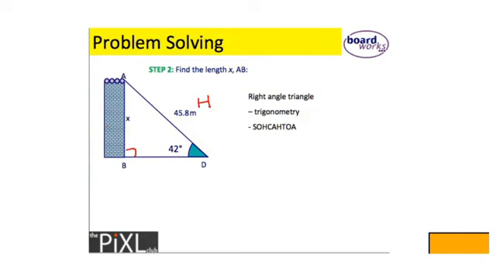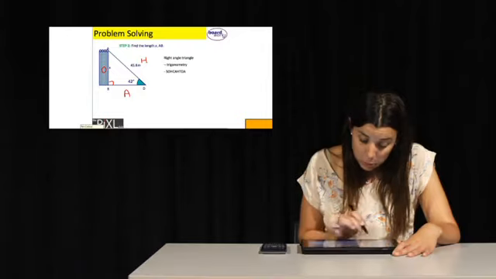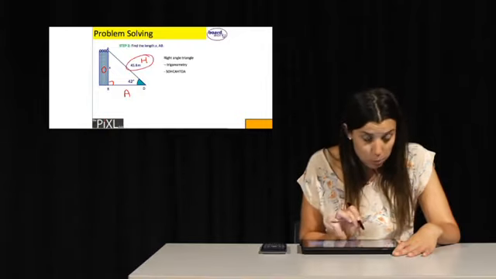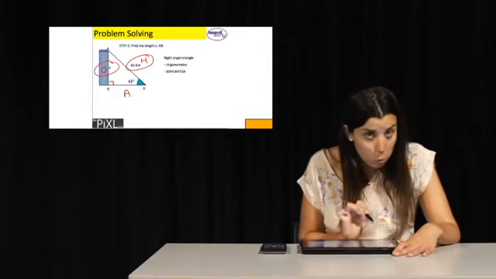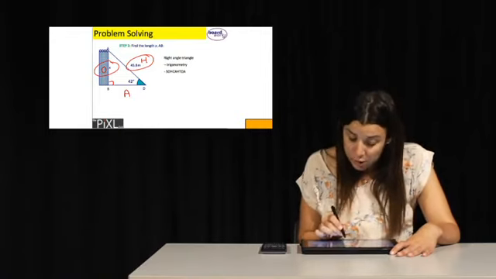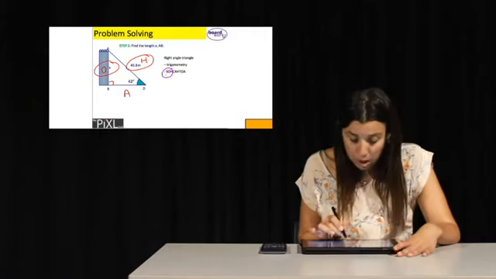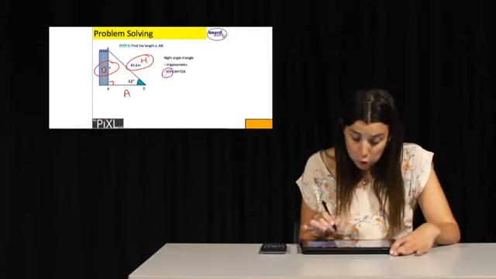The side opposite the angle of 42 is called O for opposite. And our third remaining side is A, adjacent. In this example, the sides we're interested in is H, because we have it, and O, because we're trying to find it. So you'll remember from SOHCAHTOA that the part we're going to use is the sine part, the SOH.